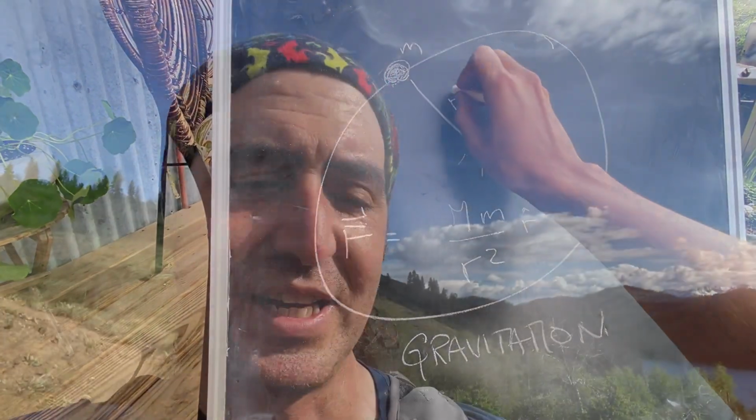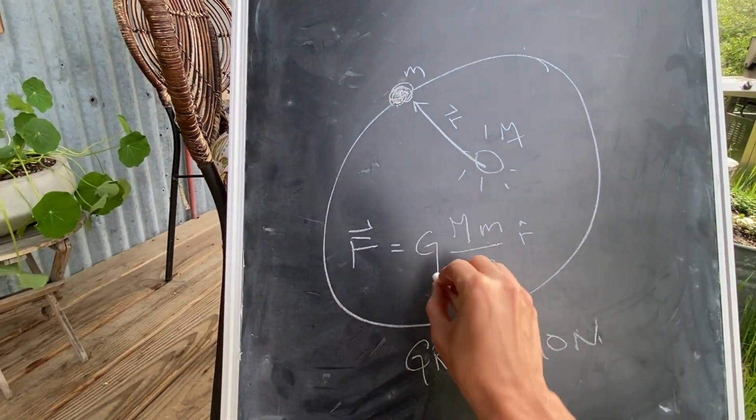Finally, that force is proportional to a constant that sets the scale for how strong gravity is. And we have come to call that constant G.